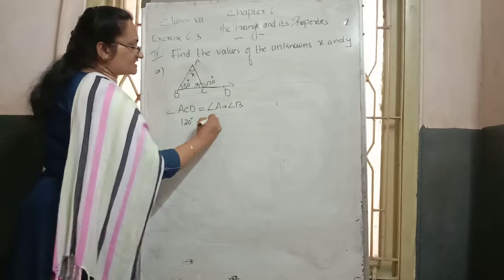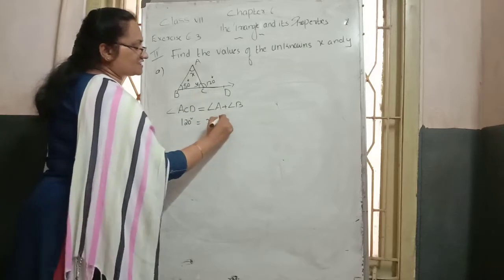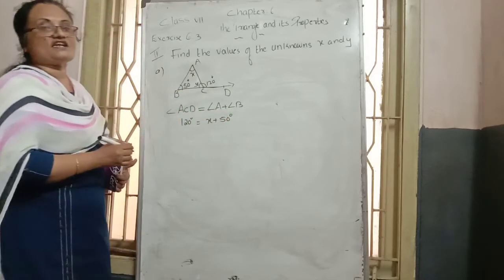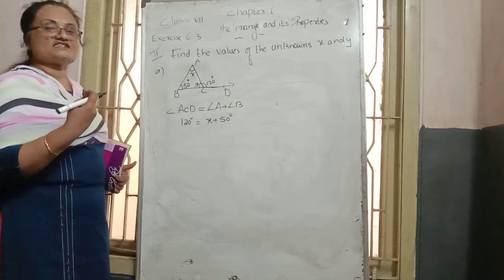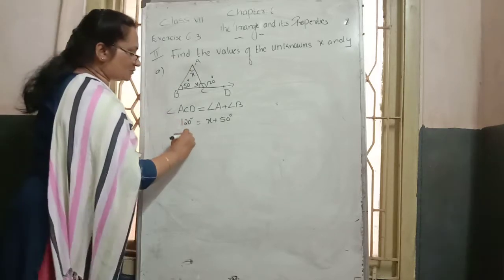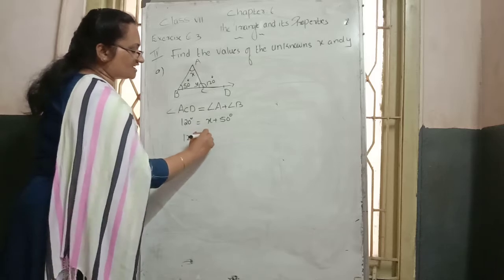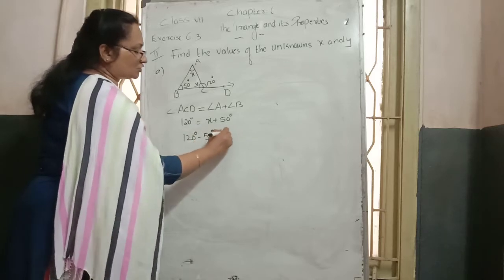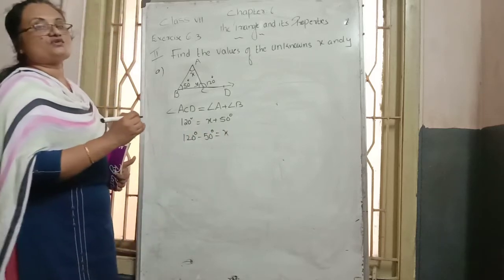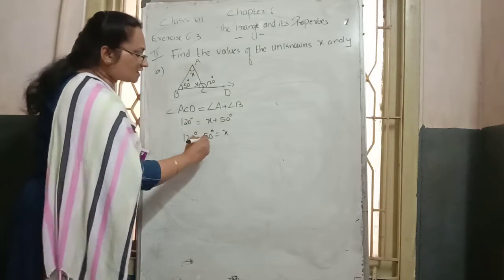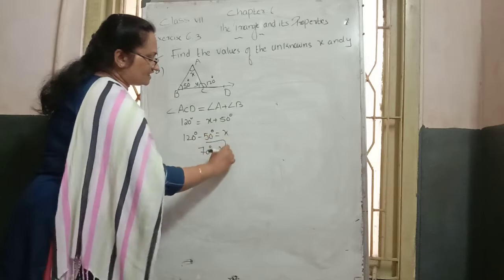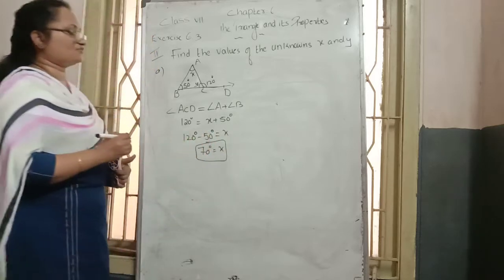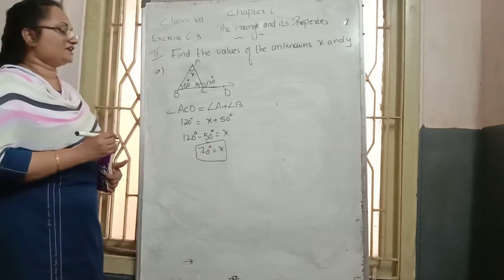Angle A is x, angle B is given as 50. We want the x value. Plus 50 comes to the opposite side and changes to minus 50. So 120 minus 50 equals x. 120 minus 50 becomes 70 degrees, so x is 70 degrees.